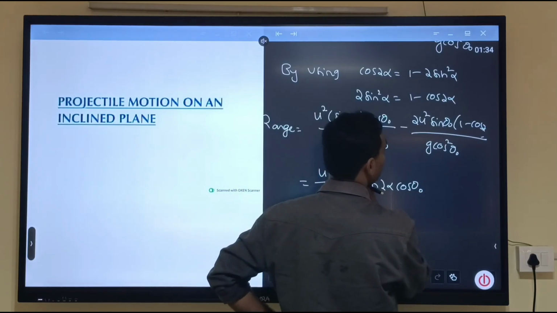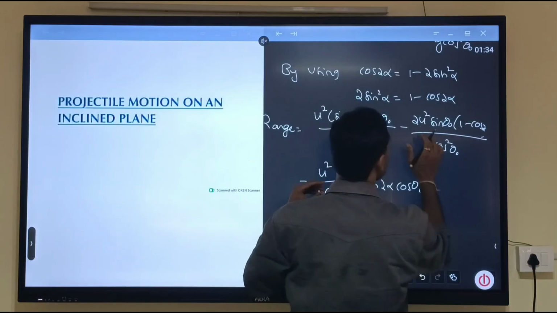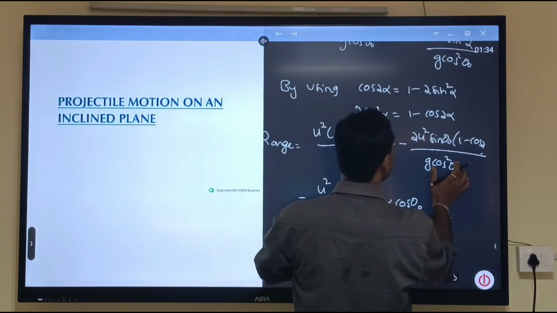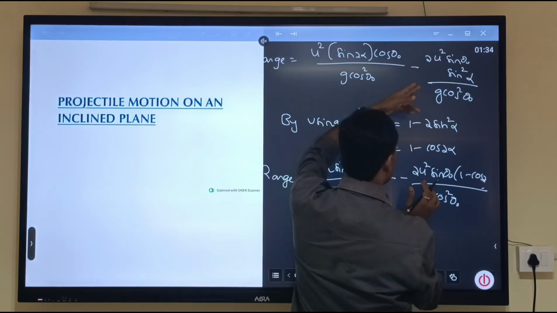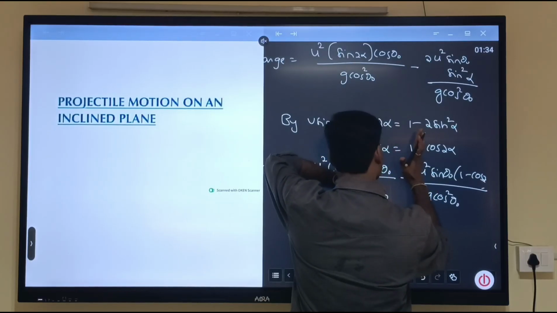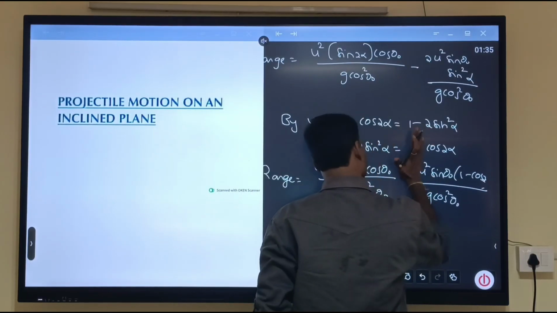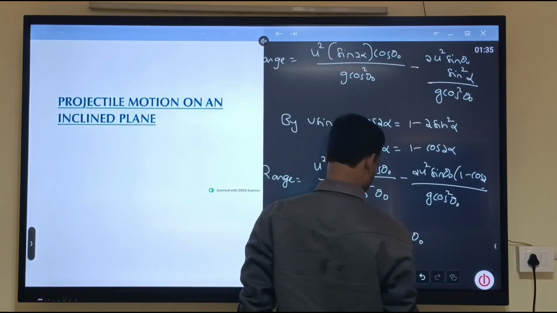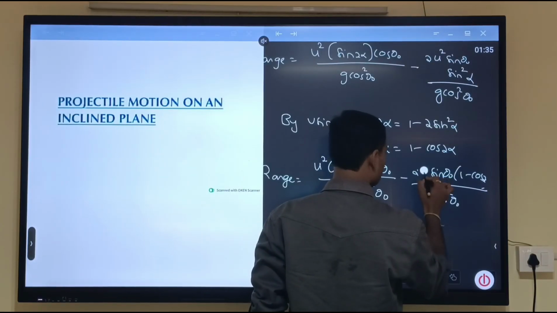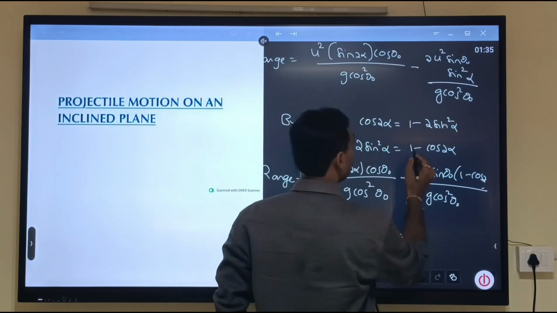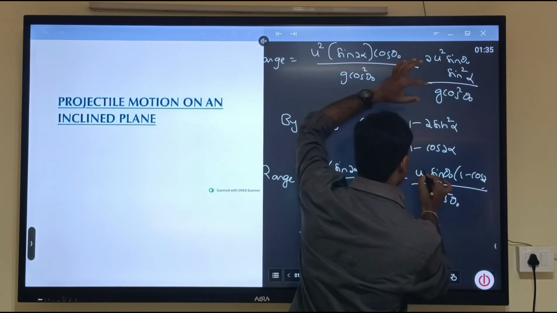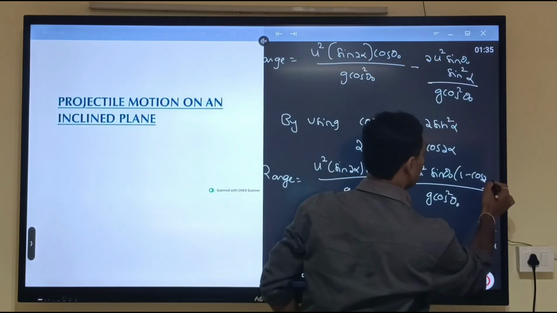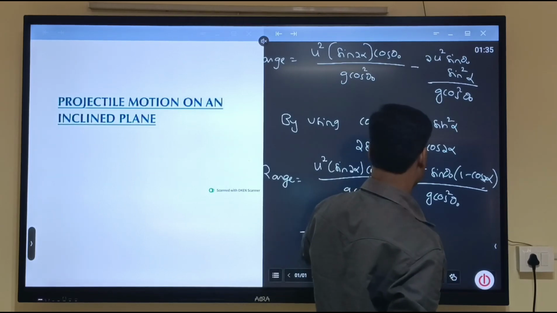Now, this is 2 sin square alpha, so u square sin theta naught, this will be 2 alpha.